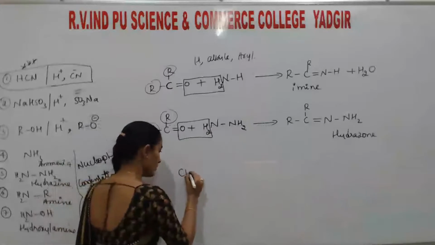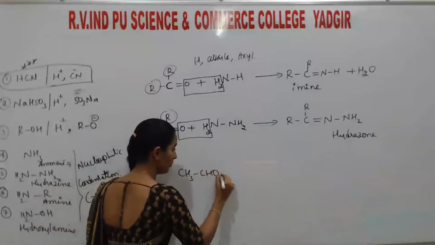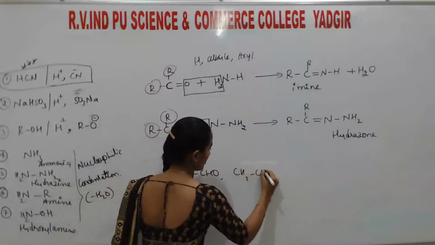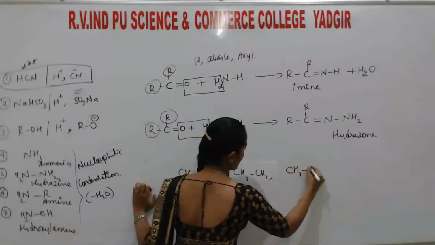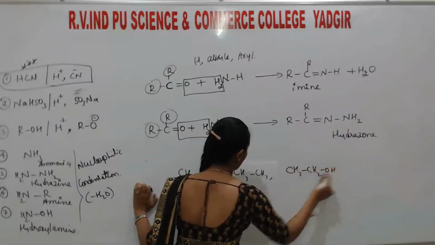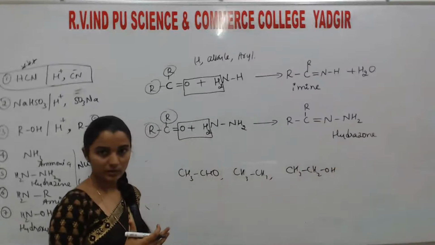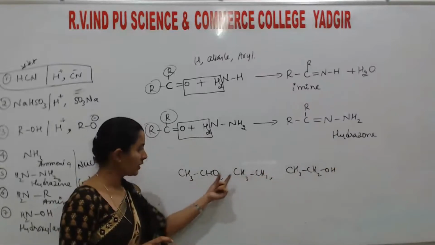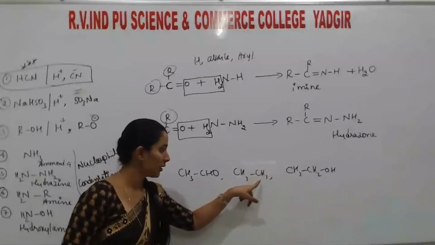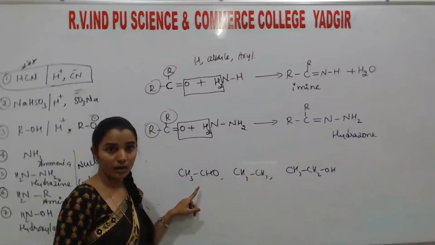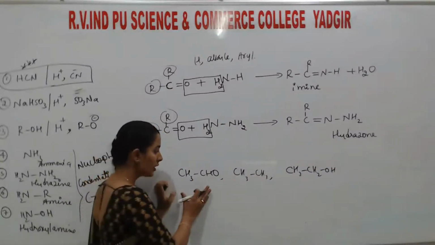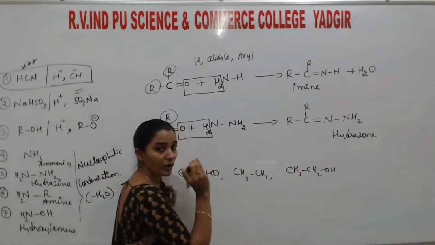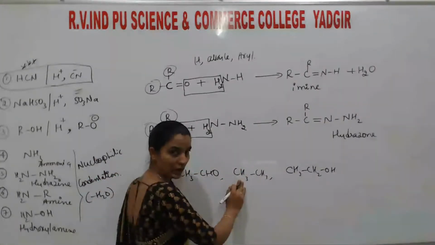Here I take CH3CHO, CH3CH3, and CH3CH2OH. These are all of comparable masses. The parent chain is the same, with different groups. Ethanal, ethane, ethanol.